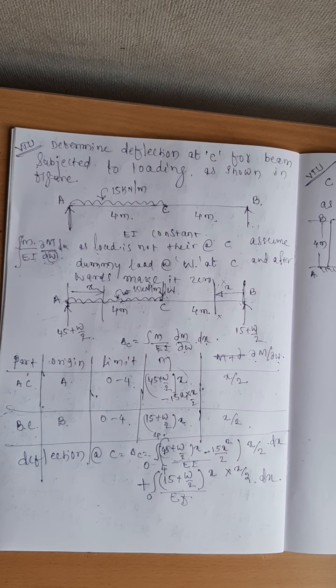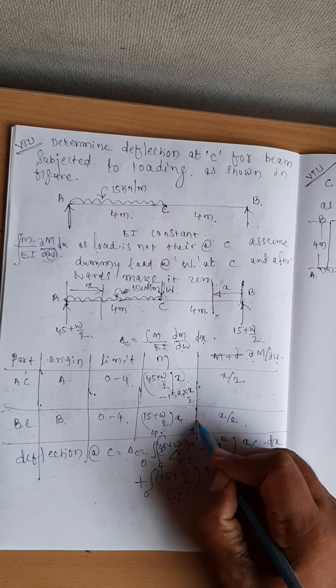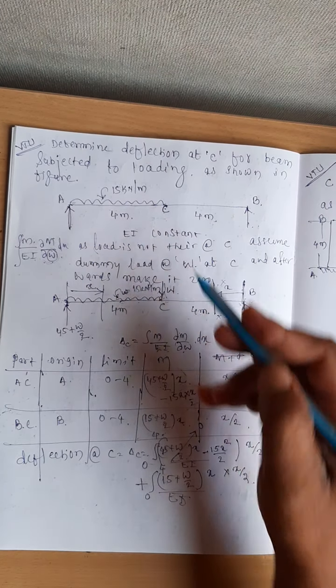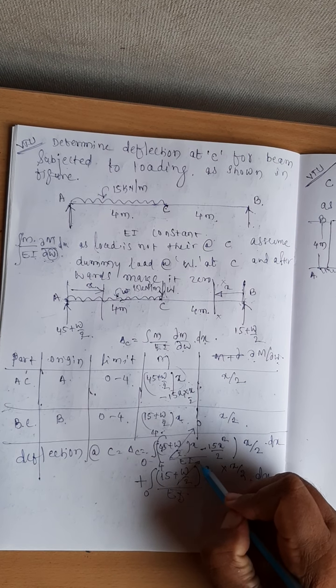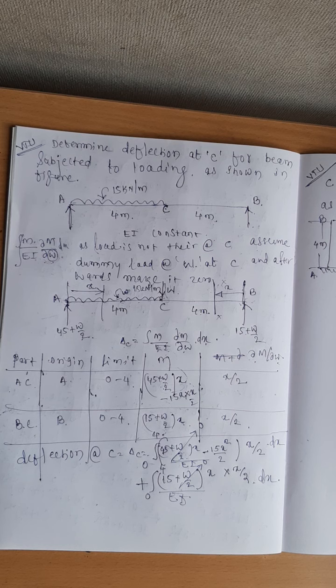Friends, at this stage your work of the dummy load is over. That is why you can make it equal to 0 after writing the integral equation. Actually dummy W is not there, so you can make that W equal to 0 before the further simplification.